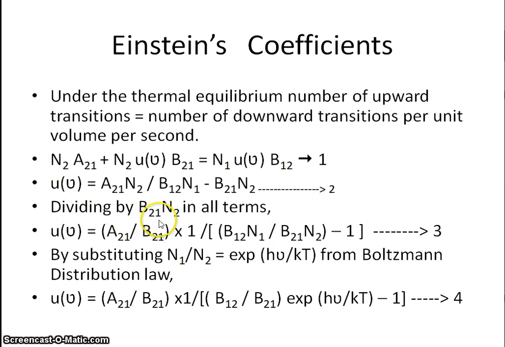Dividing by B21 N2 for all the terms, you arrive at this expression for U nu. Also we know that N1 by N2 is equal to exponential of h nu by kT from Boltzmann distribution law. So we substitute the value of N1 by N2 in the above expression.